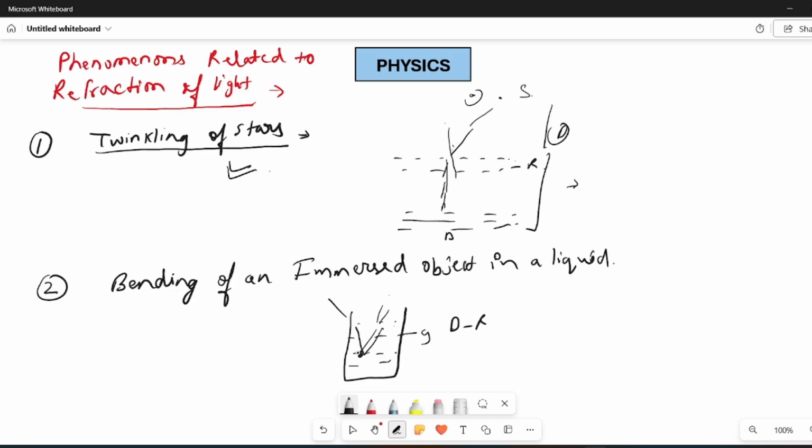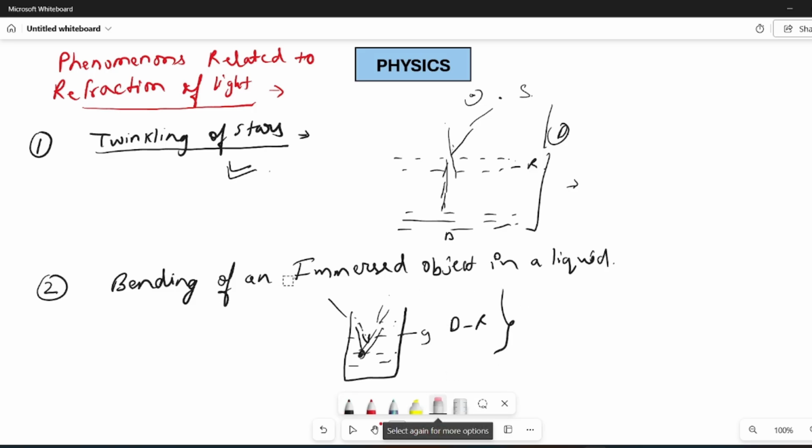The actual position of this point is here, but in our mind it is here. So that is the illusion, and because of it the pencil appears bent. This is the explanation behind it.